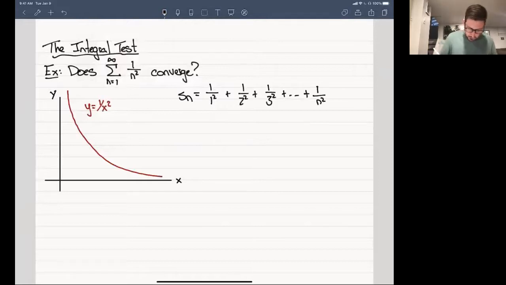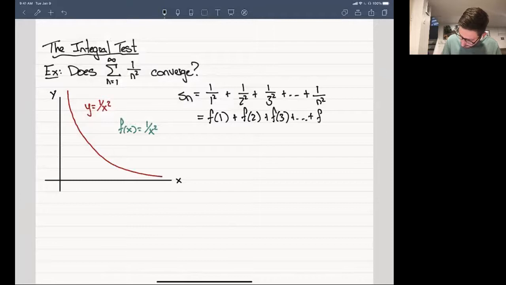If f of x is equal to 1 over x squared, I can equivalently write that partial sum as f of 1 plus f of 2 plus f of 3 all the way up to f of n.